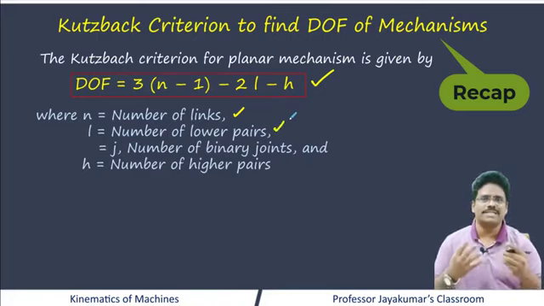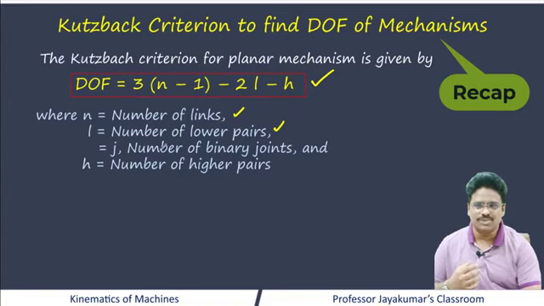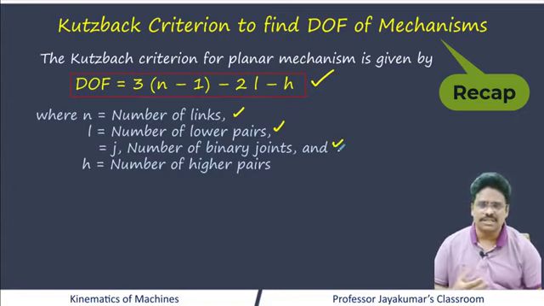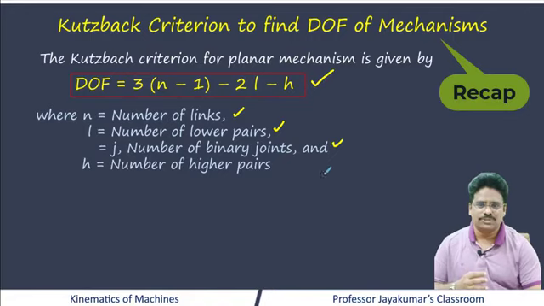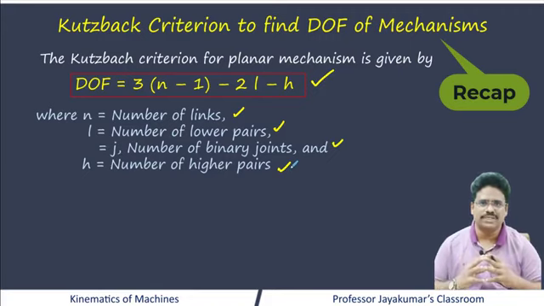The number of lower pairs is equal to the number of binary joints that the mechanism has. So in other words, I could say L equals J. H means the number of higher pairs that the mechanism has. This is the equation we are going to use to solve all problems in order to determine degrees of freedom of the given mechanism.